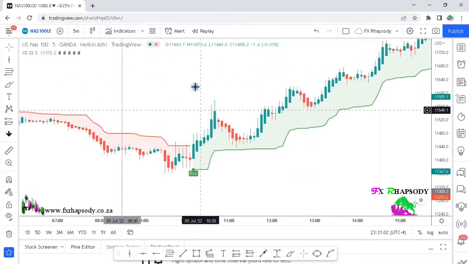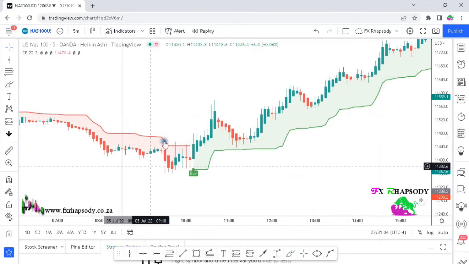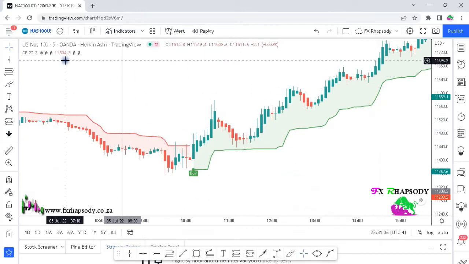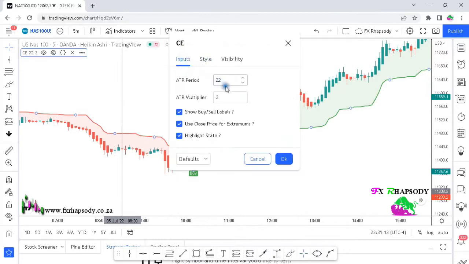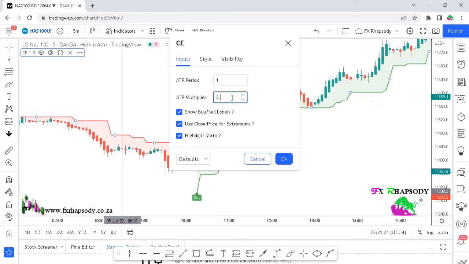Now at the start you get all these lines and everything. So what you want to do is go to your settings, and first of all, in the inputs, change the ATR period to 1, and change the ATR multiplier to 3.2.